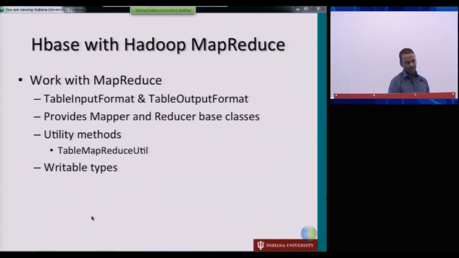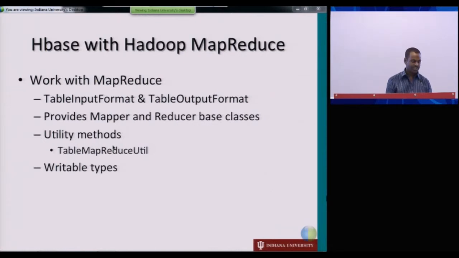When you're using HBase with Hadoop MapReduce, HBase provides several utility classes. For example, the table input format is a Hadoop input format, which takes care of inputting the data stored in HBase as key value records to the map task, as well as splitting the data to create map tasks.